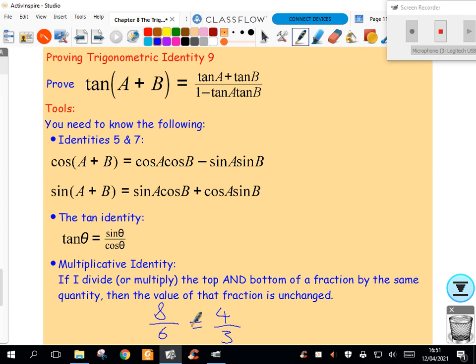Of course, multiplying by the same number, top and bottom, for example, multiplying top and bottom by 10, will give me an equivalent fraction as well. So with those three things in our pocket, we're going to go and prove identity number 9.